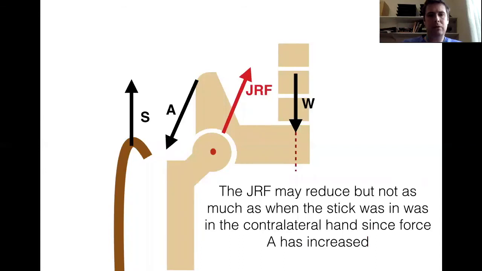So the joint reaction force may reduce a little bit by adding the stick, because we've got that upwardly directed force S, but it's not as much as what we saw with the stick in the contralateral hand, because there is an increased force required by the abductor muscles to maintain rotational equilibrium.